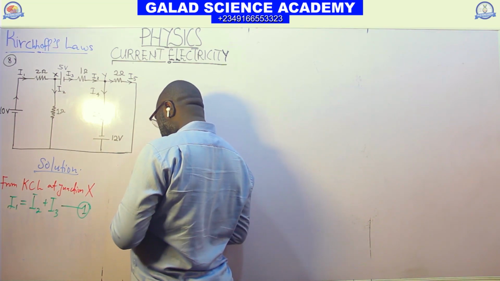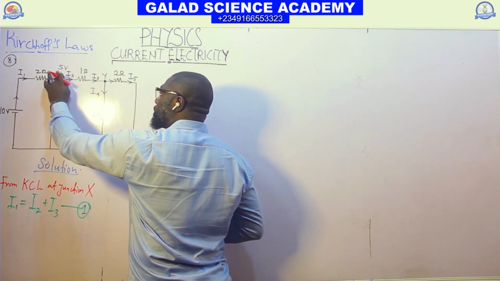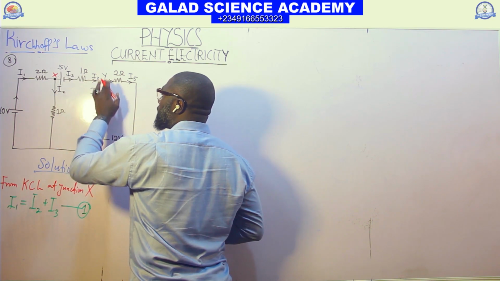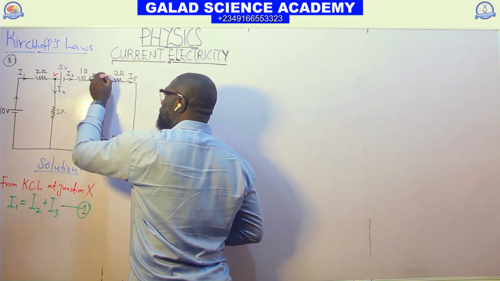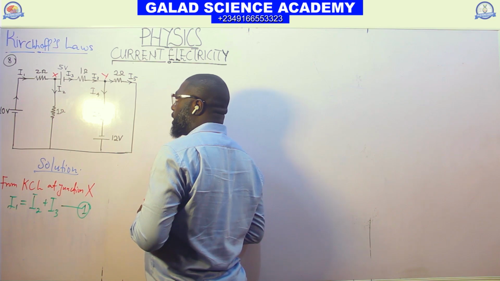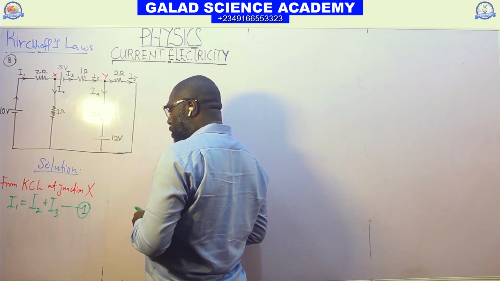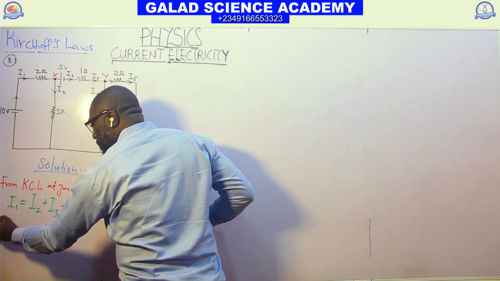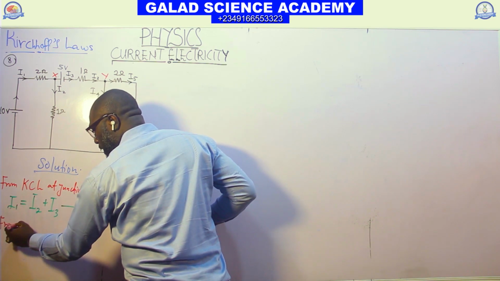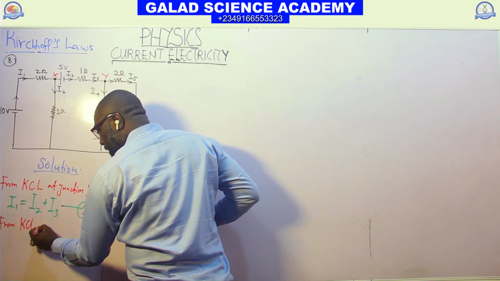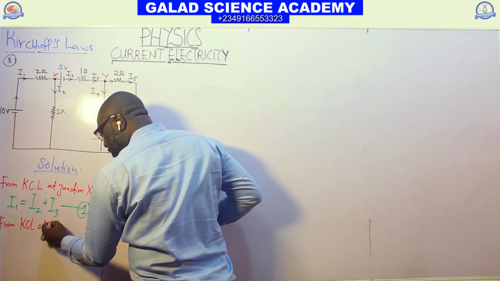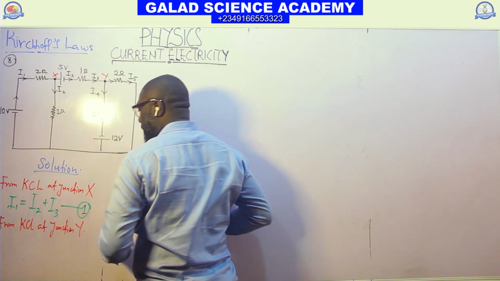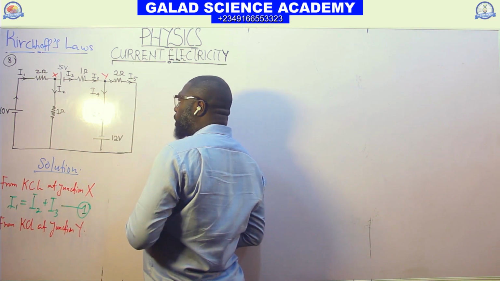Let me use the red marker to signify this point X. This is point Y. From KCL at junction Y, what is junction Y?